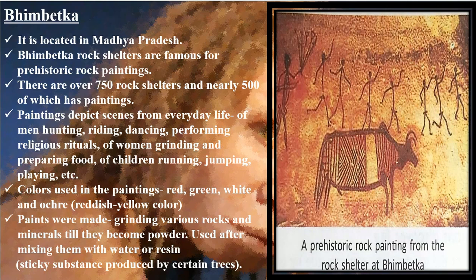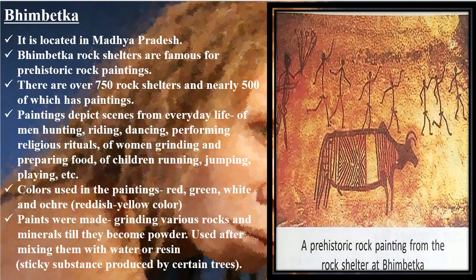These paintings depict scenes from everyday life, of men hunting, riding, dancing, performing religious rituals, of women grinding and preparing food, of children running, jumping, playing, etc. The colors used in the paintings were red, green, white, and ochre.